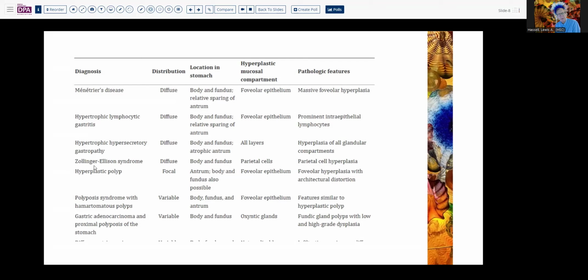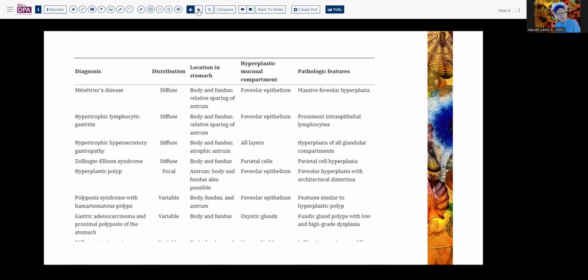Now, in contrast, the hyperplastic polyp or the inflammatory type polyp changes, those tend to be more towards the antrum. Again, they involve foveal epithelium, but there's also significant distortion and the edema and those sorts of things that we've seen. The other considerations, adenocarcinoma, those sorts of things would be less frequent and would have the characteristic features of those findings.